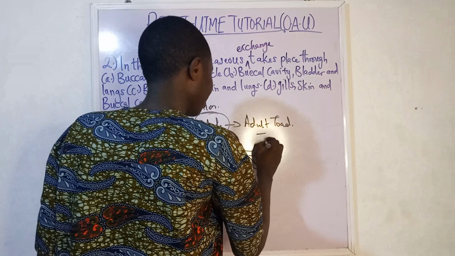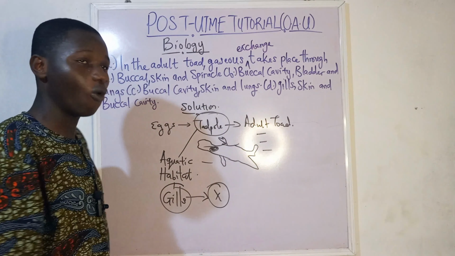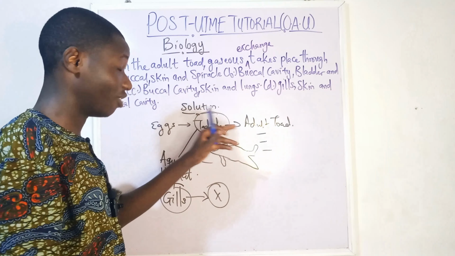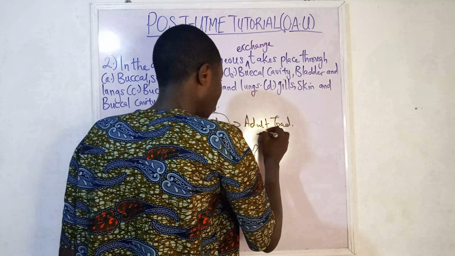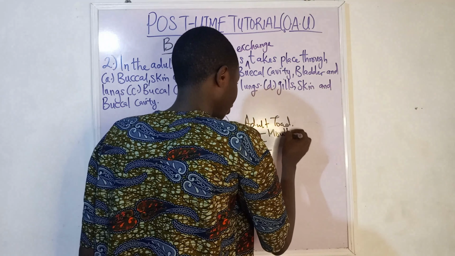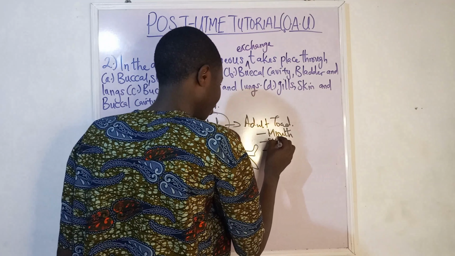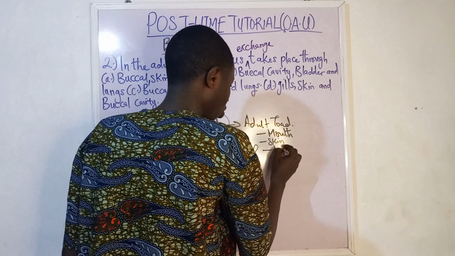Now, once the toad gets to this stage of the adult toad, the toad will now be using three things for respiration, for gaseous exchange. It will be using number one, the mouth. It will be using the skin, and it will also be using the lungs.